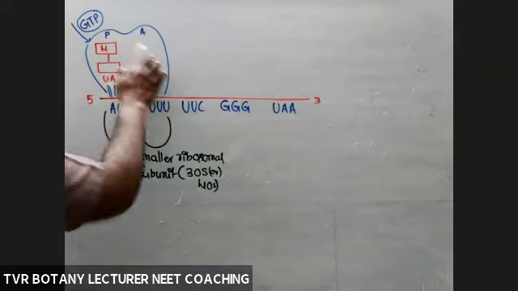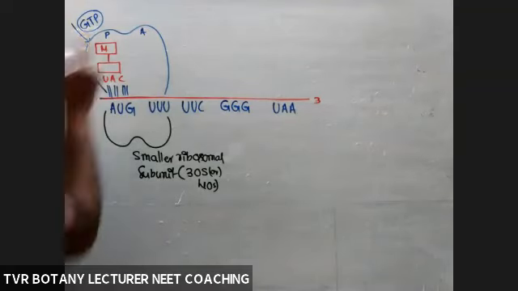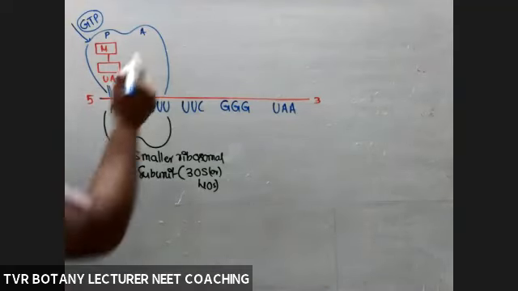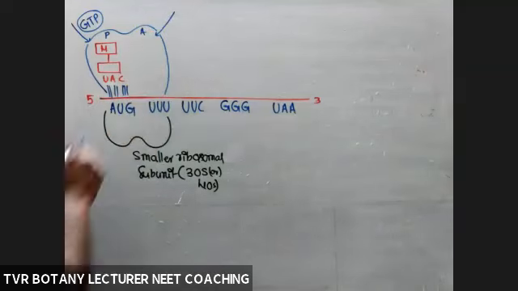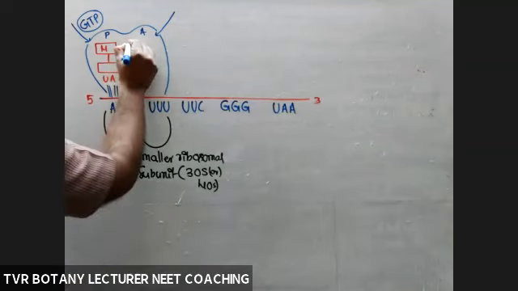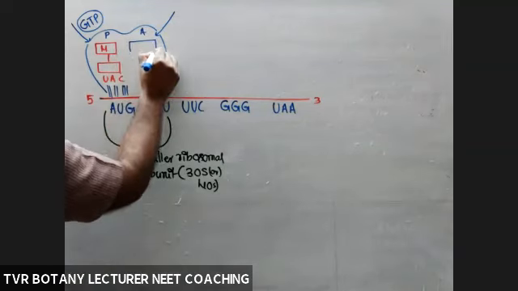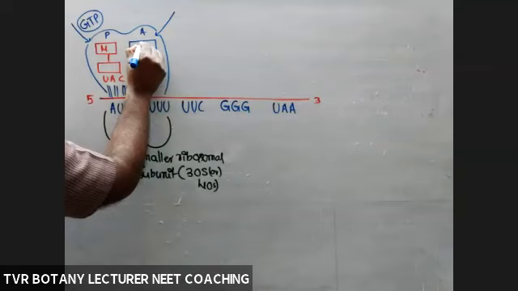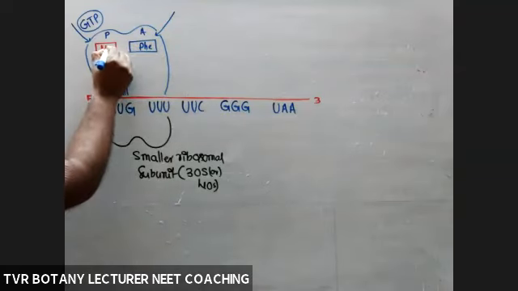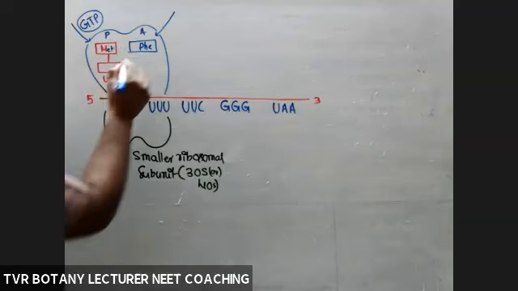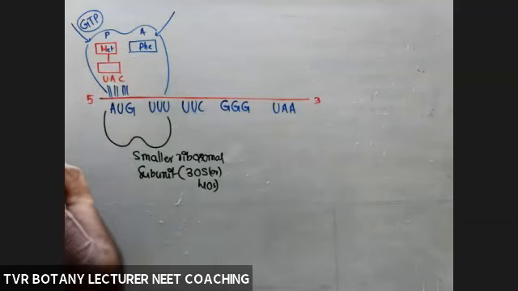So now, is the A site empty or not? The A site is empty. So now the second aminoacyl tRNA. What is that second one? With phenylalanine, PHE, and this is MET. With what type of anticodon?